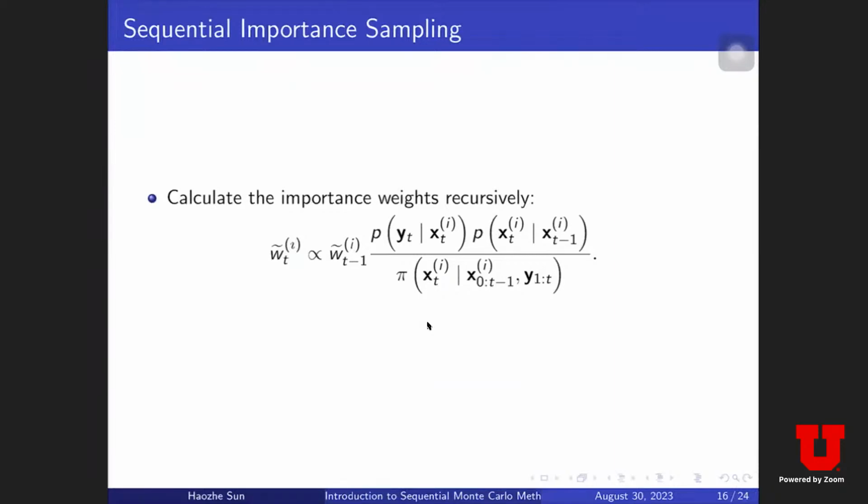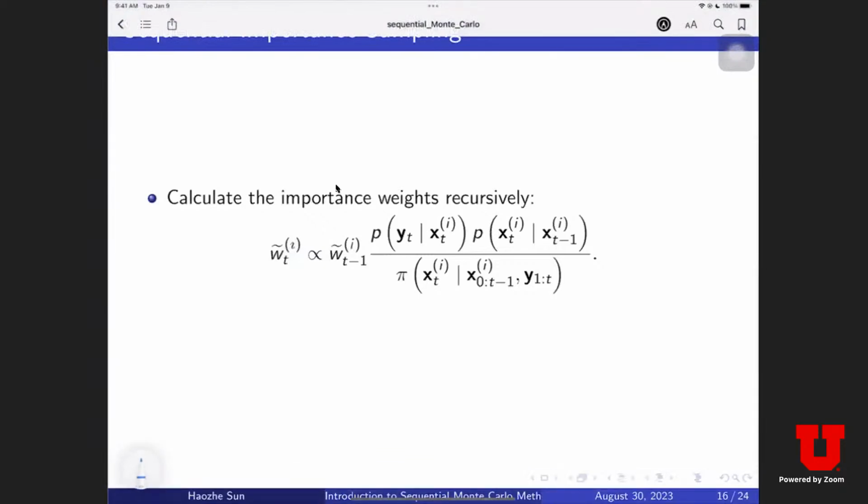The w_t is approximated with w_t minus 1 times this expression. Let's begin. The w of x_0 to t equals p of x_0 to t given y_1 to t over pi of x_0 to t given y_1 to t, right?